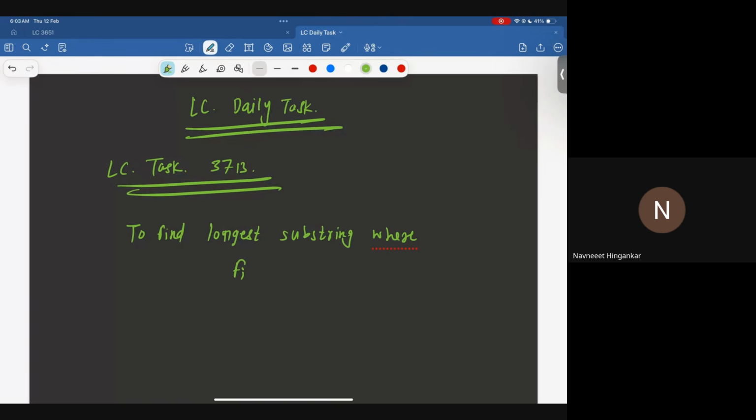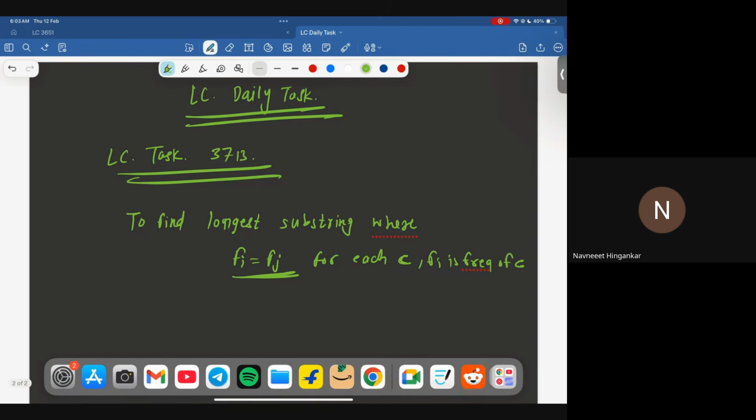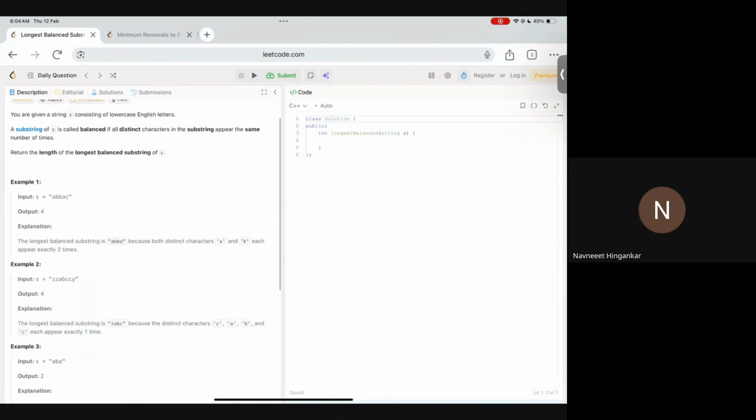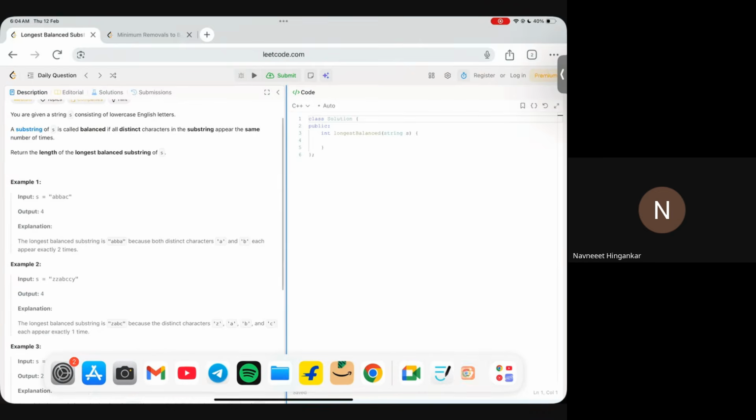So f of c is equal to f of c for each c in that substring. f of c is the frequency of c. For example, APPAC.